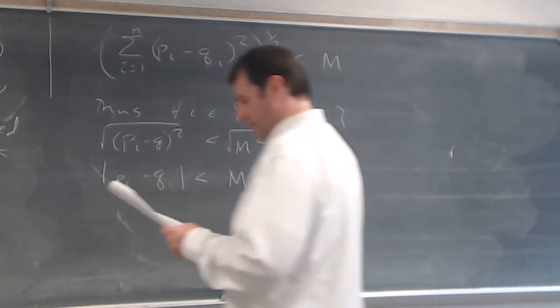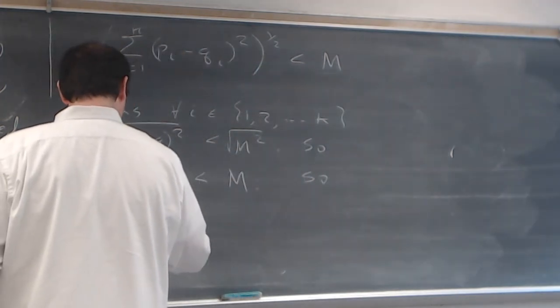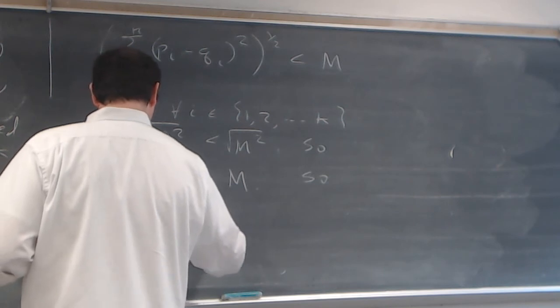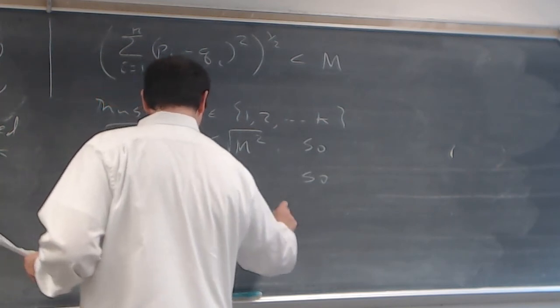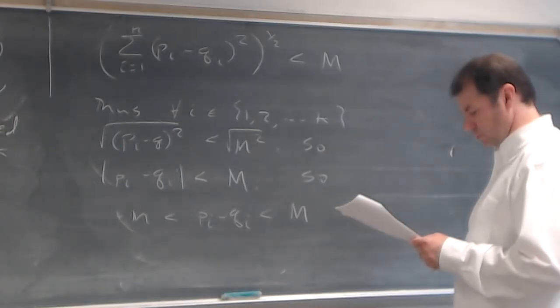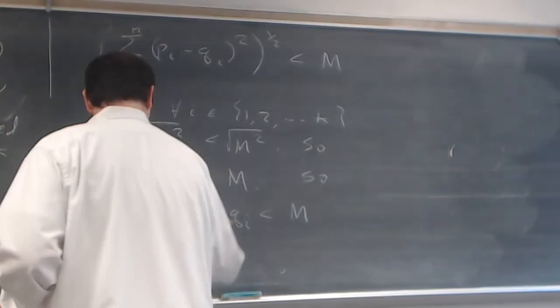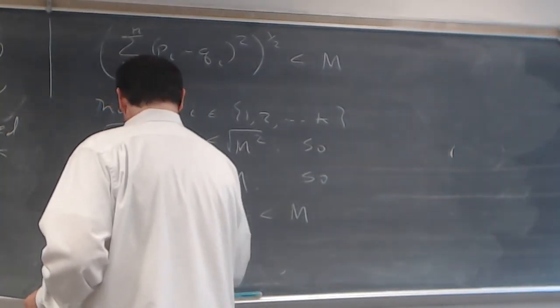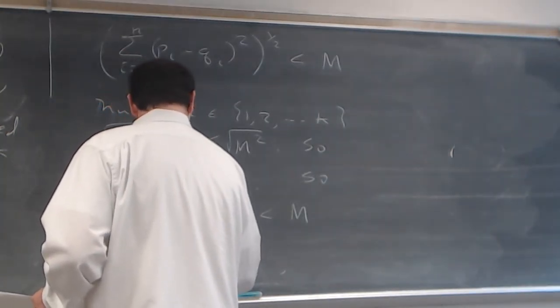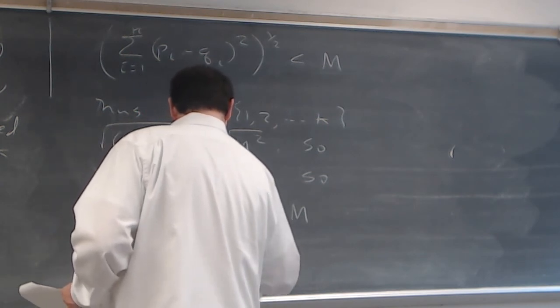So what we get here is that minus m is less than p_i minus q_i, which is less than m. Okay? This is true for all i. And remember, q is fixed, so minus m plus q_i is going to be less than p_i, which is going to be less than m plus q_i.